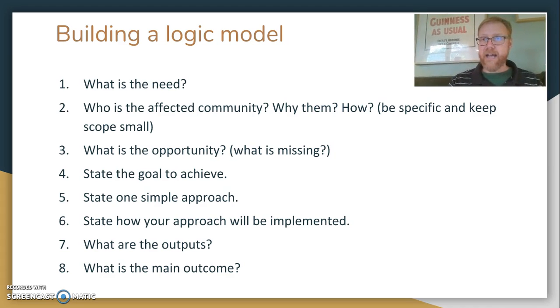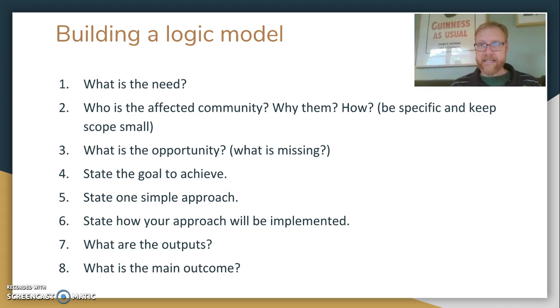So the approach is not just having something. It's not just getting something. It's using whatever that something is as a tool or as the mechanism to create this broader opportunity that solves the need. You want to state very simply how your approach will be implemented.